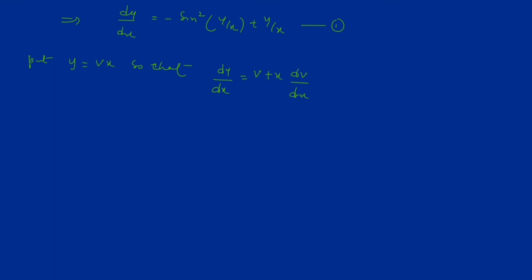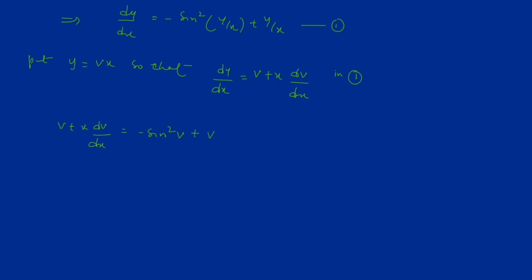So just substitute the values here in equation 1. Then v plus x dv by dx equals minus sine square of v, right? Y by x means v here, plus again v.